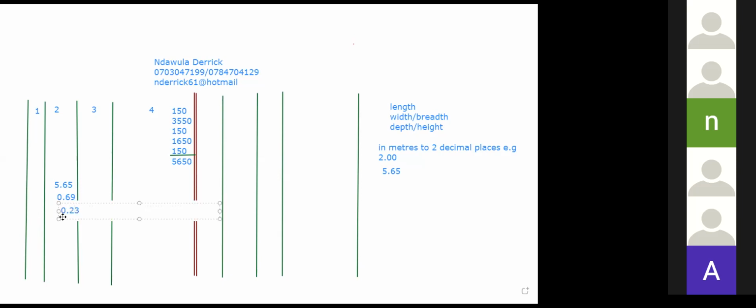So my depth is 0.23. Of course these are entered in a straight line, just that I'm working here, so I have something a bit funny, but yeah, something like that. After entering my dimensions, I underline like that. Okay, is that clear?